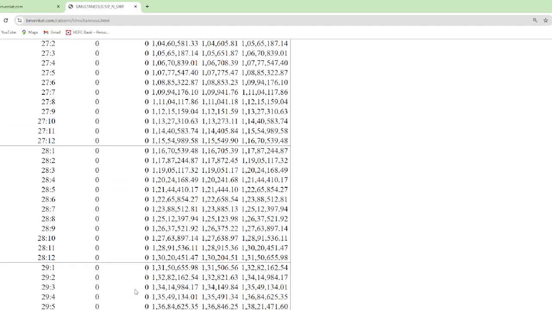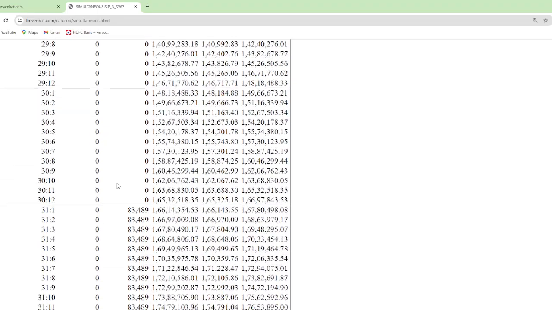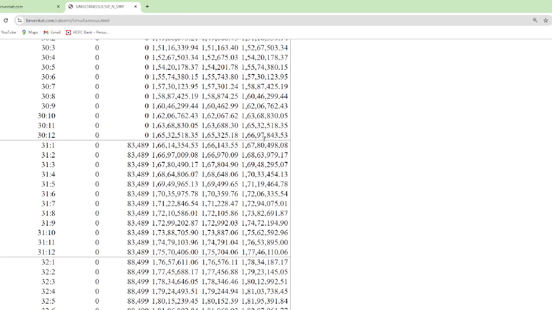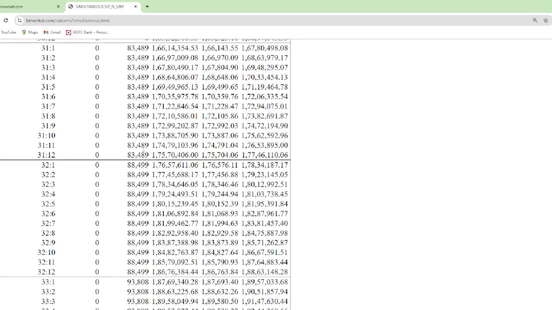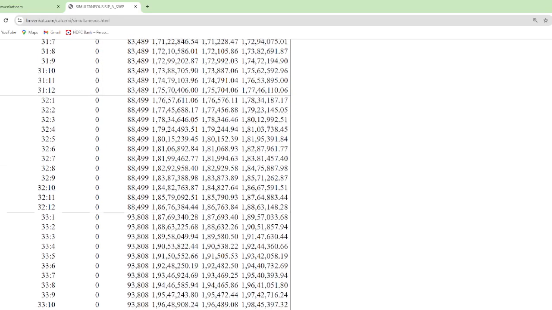Then there is a period with no SIP, no SWP for 11 years. Then comes the regular withdrawal of 0.5%. That is, now it is 83,489. Approximately 83,000 rupees per month can be withdrawn with 6% inflation.